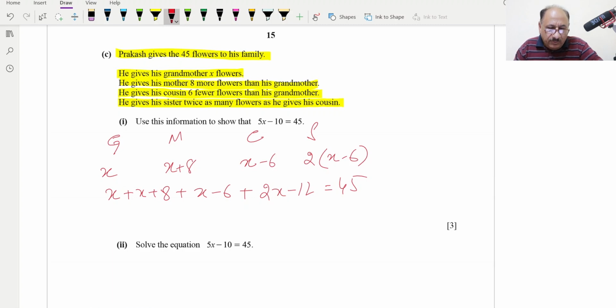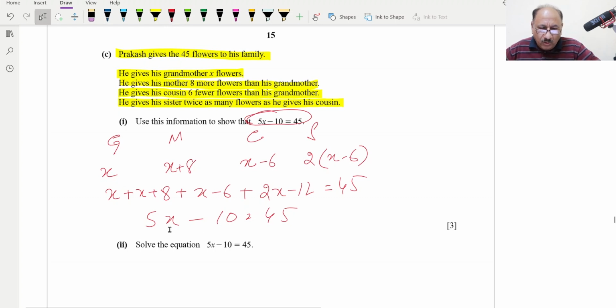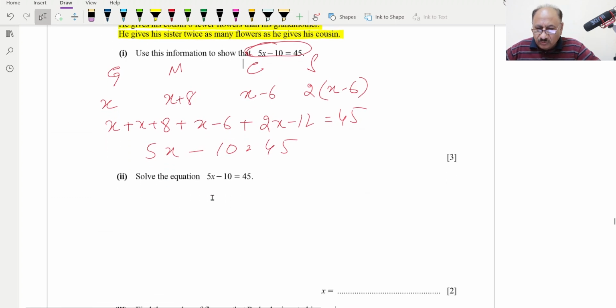If we simplify, this will be 1 plus 1 plus 1 is 3, and plus 2 will be 5. So we can write 5x, and minus this will be 10, is equal to 45, and this is the equation which we were supposed to provide.